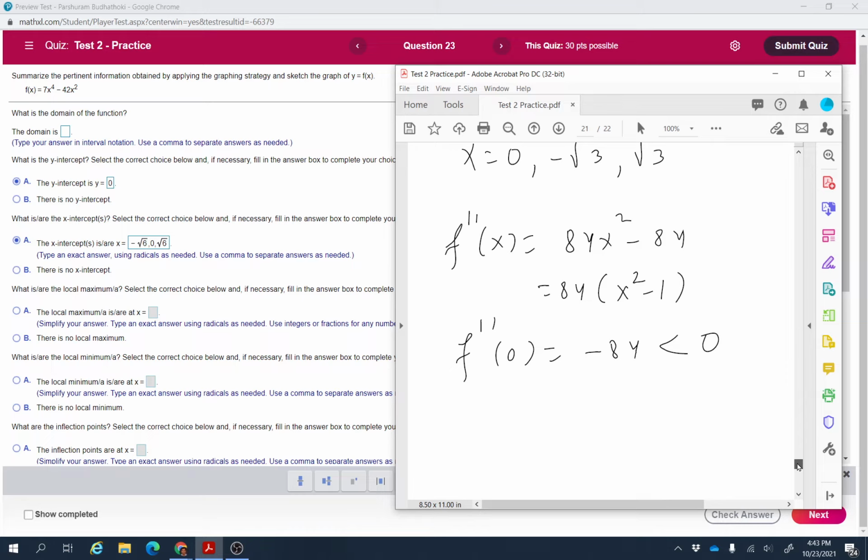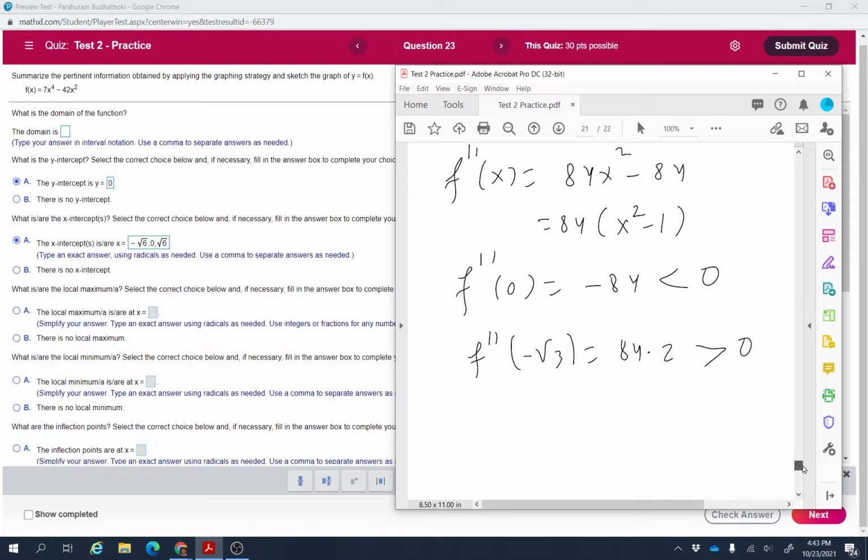Okay, and then let's check for the negative square root of 3. It's 84 times the square of negative square root of 3, which is 3 minus 1, which is 2, so that is positive. So at this point the function has a local minimum, because a positive second derivative means a local minimum. Similarly, if you find the value at positive square root of 3, the same thing happens.